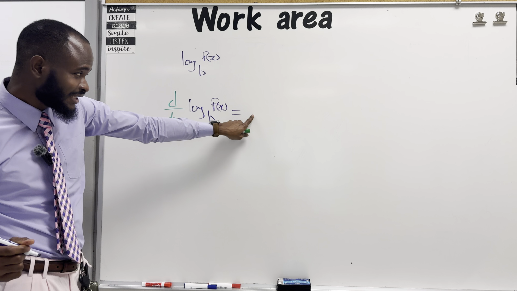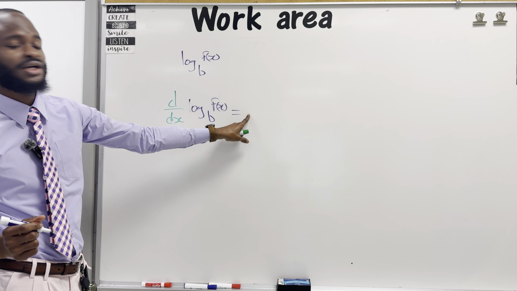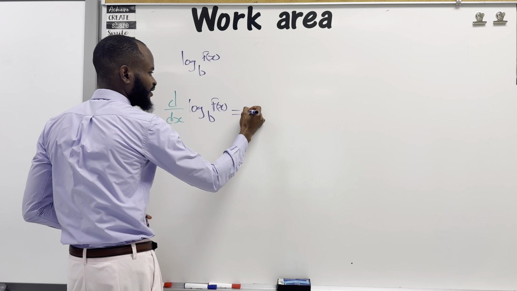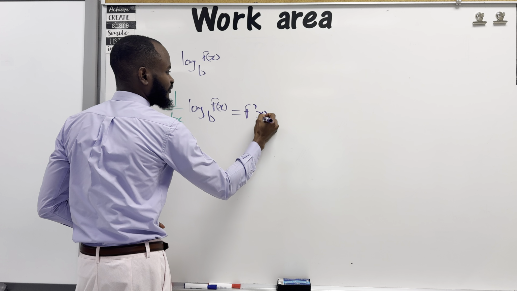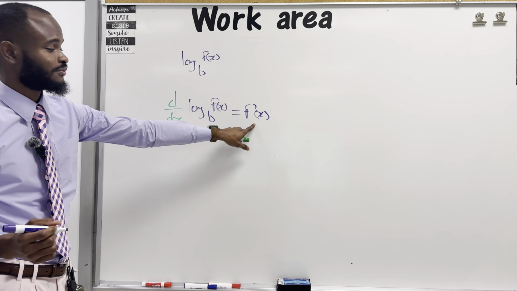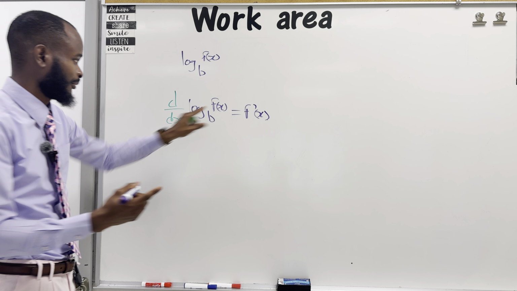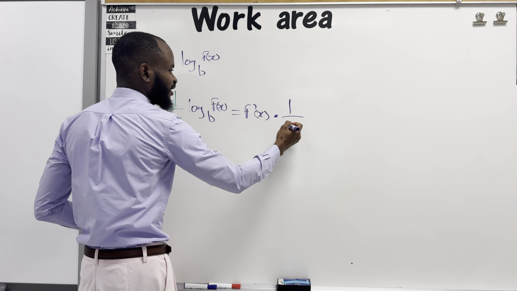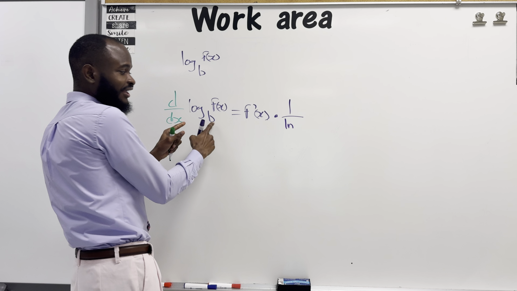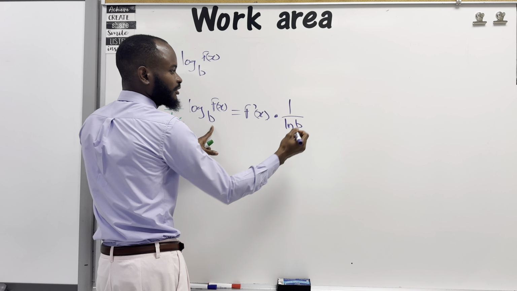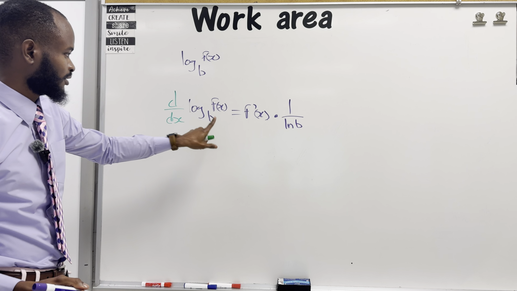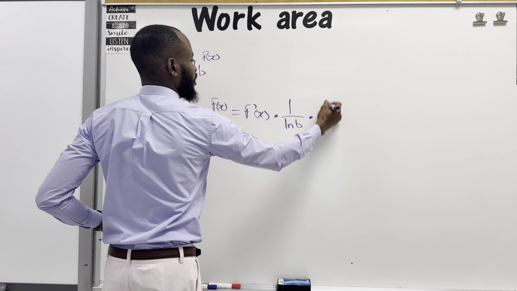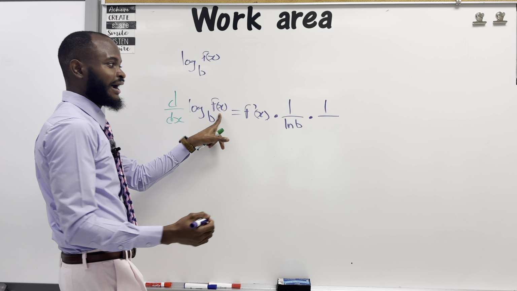We're still going to take the derivative of f of x, which is the argument, so that's f prime of x, the derivative of the argument. We're multiplying that by 1 over the natural log of the base, whatever b is. And we're multiplying that by 1 over the argument.